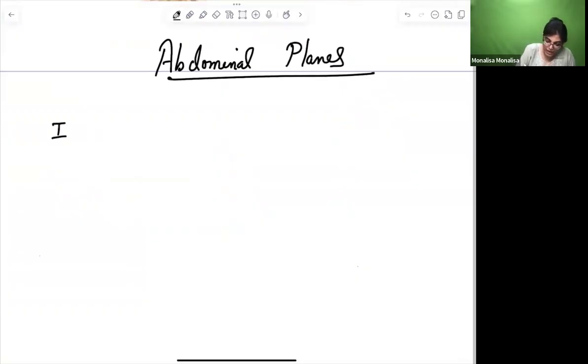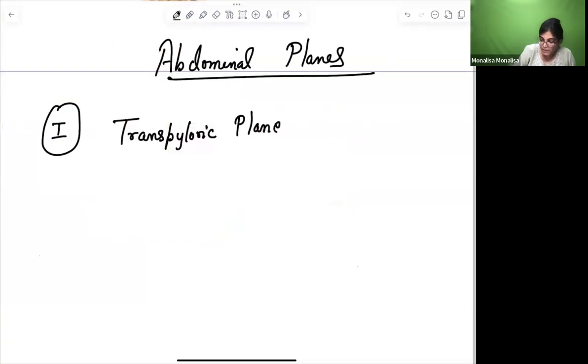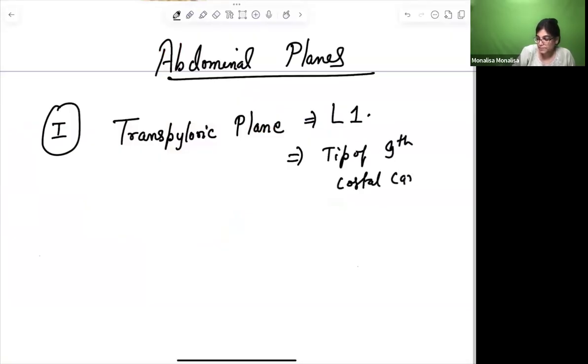The first one is transpyloric plane. The level of transpyloric plane is L1 lumbar vertebra. It corresponds to the tip of the 9th costal cartilage and to the level of the fundus of gallbladder.